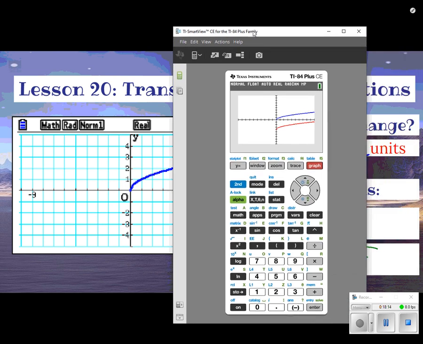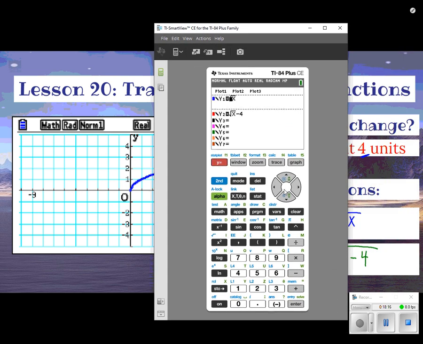Let's say for a moment you did get it underneath what we call the radical, but you got the sign wrong. It's not minus 4 like we know it should be, it's plus 4. Let's see what happens. So with a positive 4, it doesn't move you to the right, it moves you to the left.